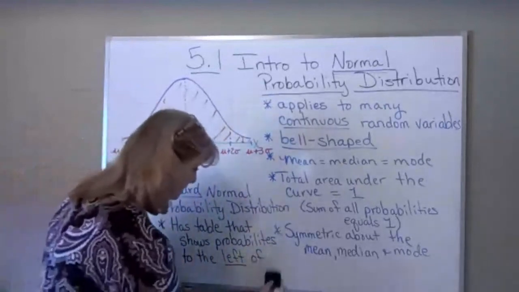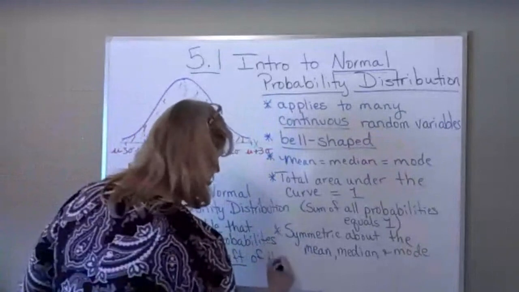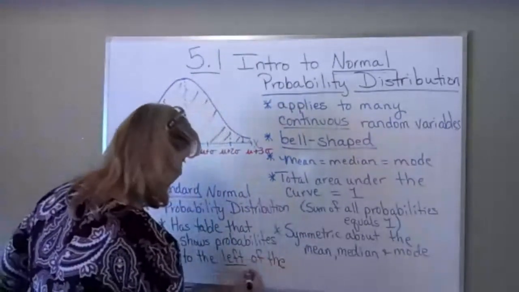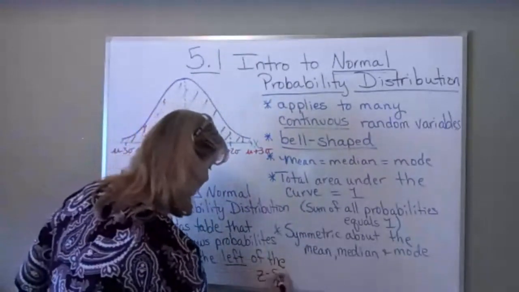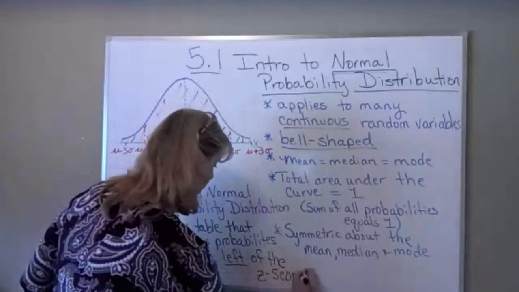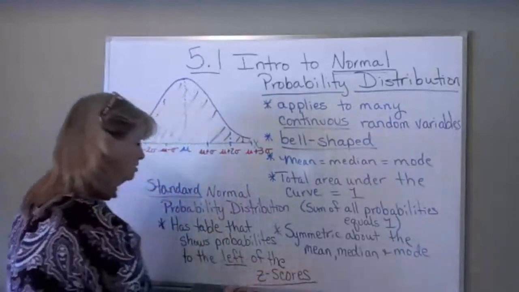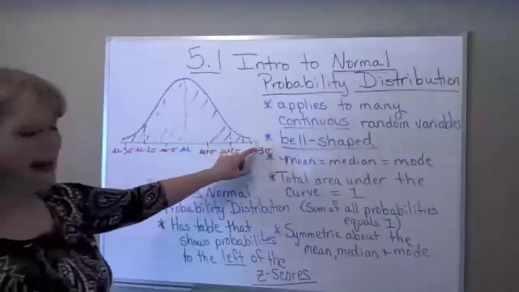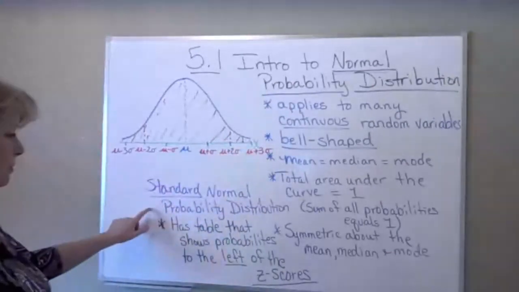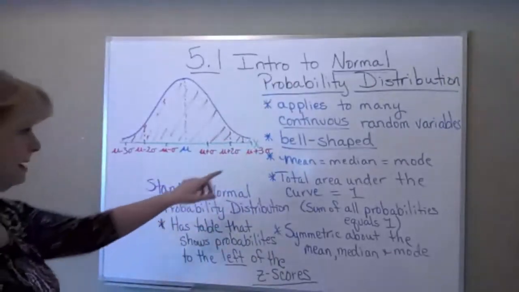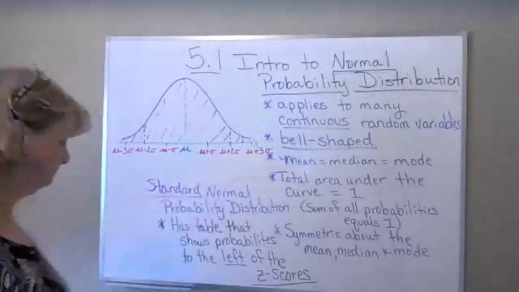I'm going to say the z-scores. So that instead of being based on X, the standard normal probability distribution will be based on Z.